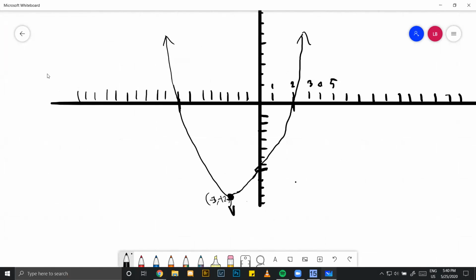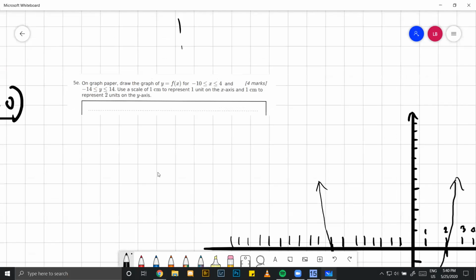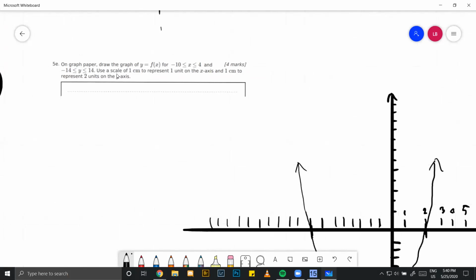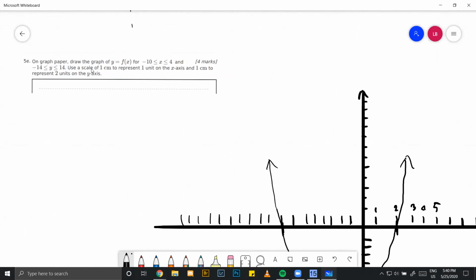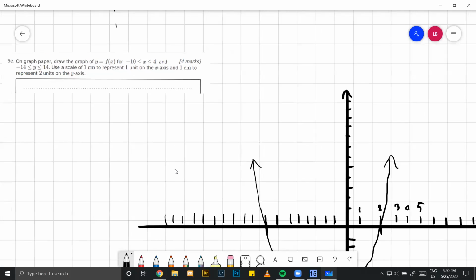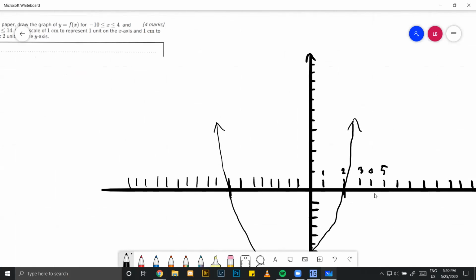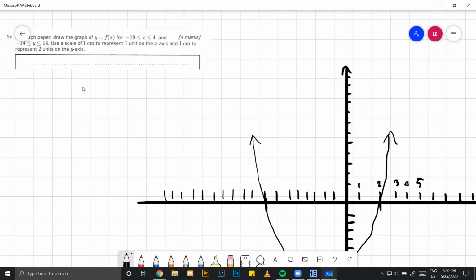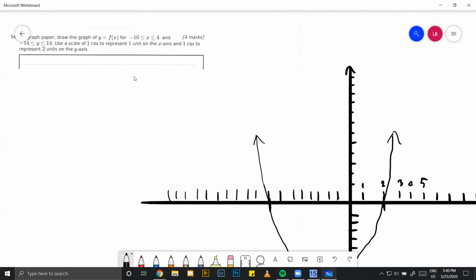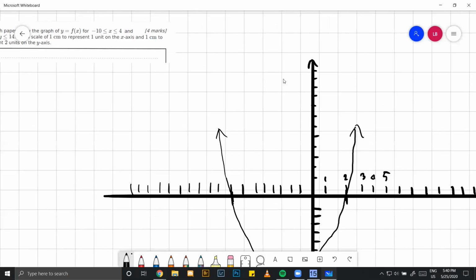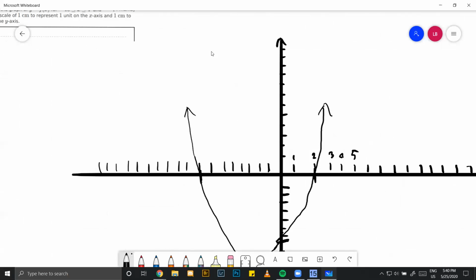The other thing they wanted us to do is a scale of 1 centimeter to represent 1 unit on the x-axis, but 1 centimeter on the y-axis had to be 2 units. So they wanted us to squash the y-axis.